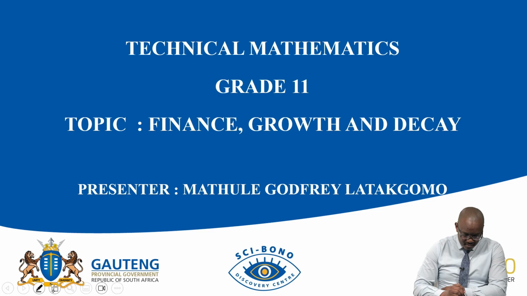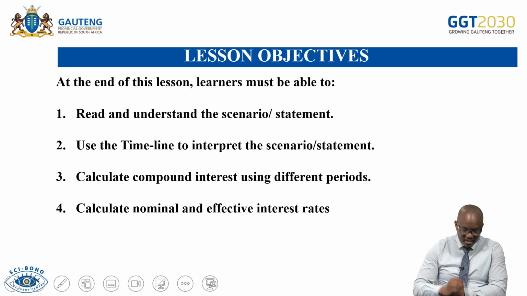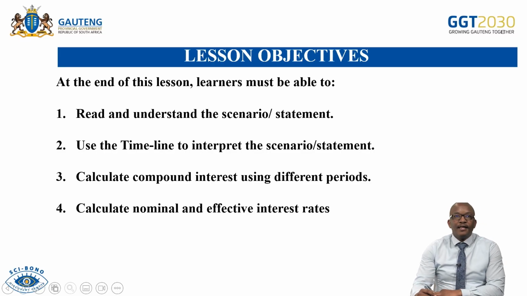Welcome back, grade 11s. Today's lesson we are going to be dealing with finance, growth, and decay. Looking at our lesson objectives, at the end of this lesson, learners must be able to read and understand the scenario or the statement given.